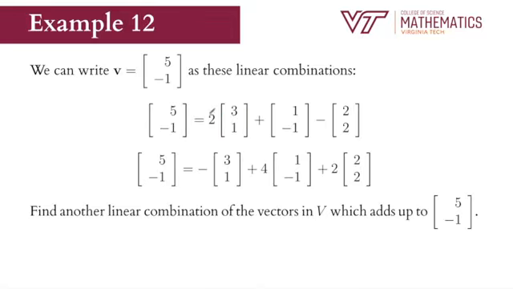In this example, the weights are 2, 1, and -1. And in the second example, the weights are -1, 4, and 2. So what we're going to do now is find another linear combination, a brand new one that's not listed here. And our new linear combination will also add up to 5, -1.